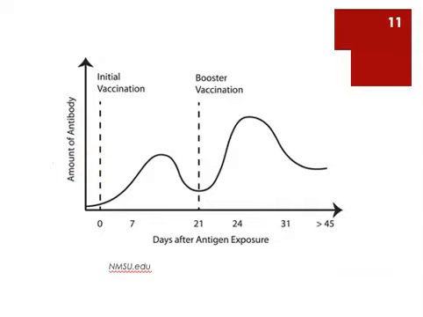Boostering vaccines is critically important. Again, not all vaccines require a booster, but many of them do. And the booster is necessary for the vaccine to be as effective as possible against the pathogen.